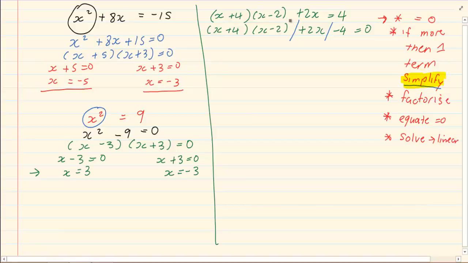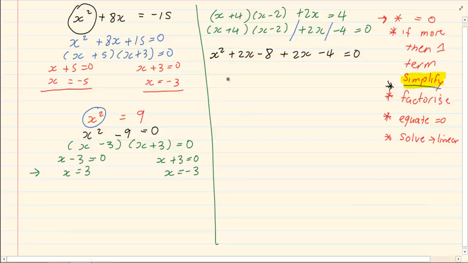So in the first term, we're going to use either the cricket or FOIL method to get rid of the brackets. We're going to end up with x squared plus 2x minus 8. Then we have plus 2x minus 4 is equal to 0. Now, once we simplify, before we factorize, we must put the equation into descending powers of x.